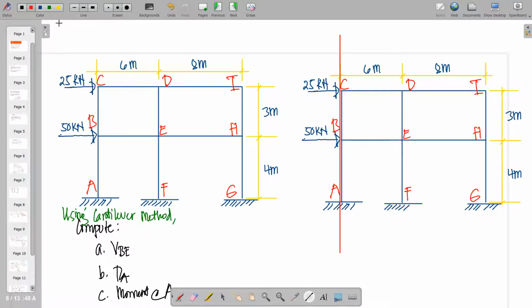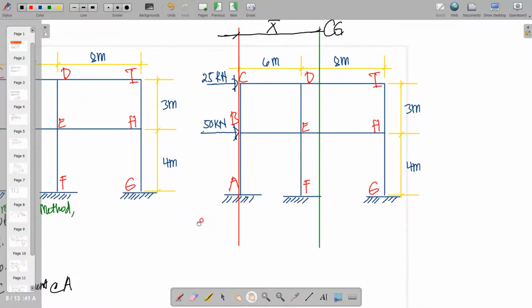And then you assume another line for the centroid or the center of gravity. This is the center of gravity, and it is x bar from your reference line.